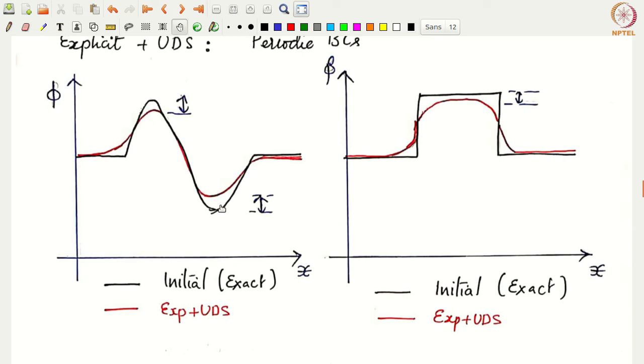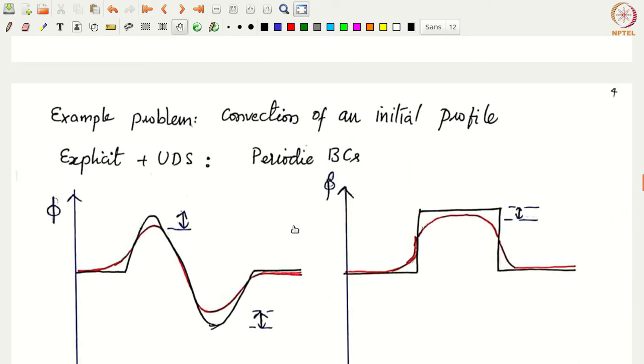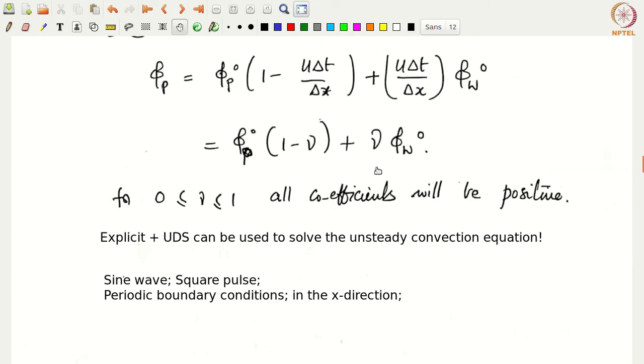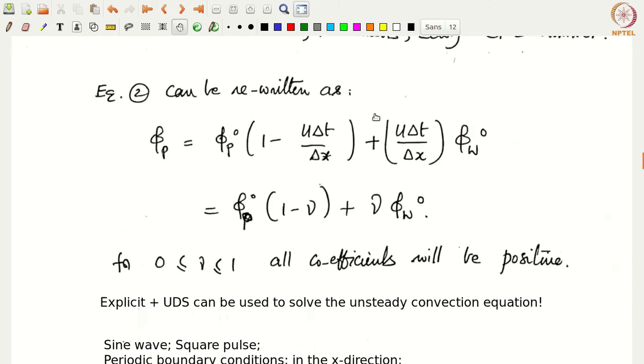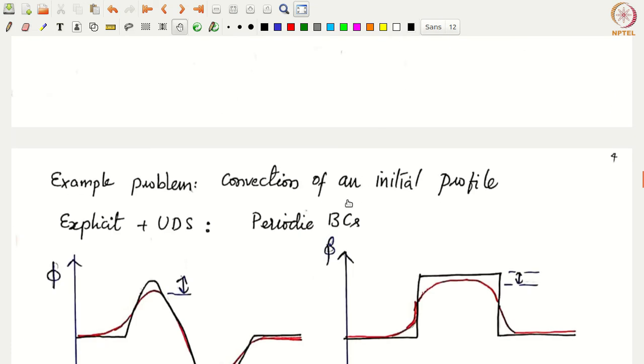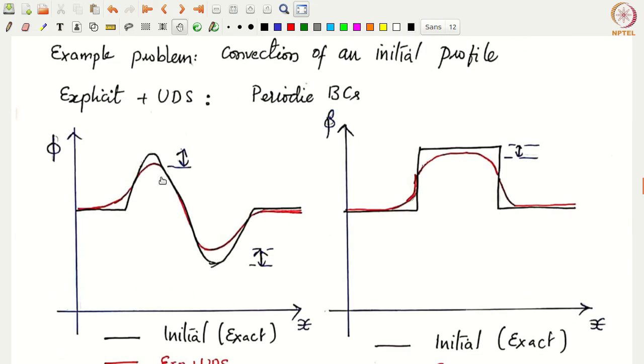So you can see that there is a diffusion coming in here. This diffusion is controlled by the term we saw here, based on u delta x by 2 times 1 minus nu. This is the diffusion coefficient. Depending on how large delta x, delta t we take, the amount of diffusion we see here will be controlled.